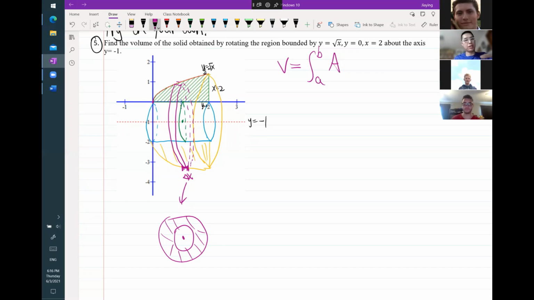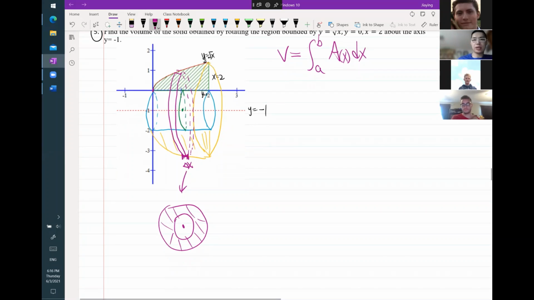It doesn't matter where you pick the slice, you get the same shape, just different area. And in this case, because the thickness is delta x, I'm going to use dx, so the area should be a function of x there. So the next step is to determine what the a and the b are and what A(x) is.